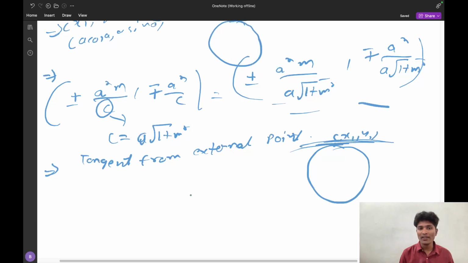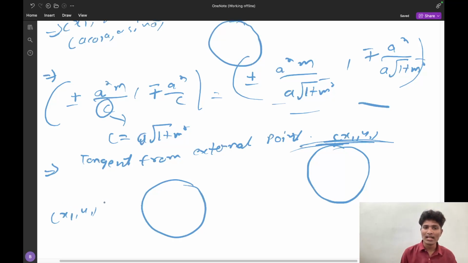But what if there is a circle and the point is outside x1 comma y1? How to find the tangent equation? It can be found simply: y minus y1 is equal to m into x minus x1, and this is a point.